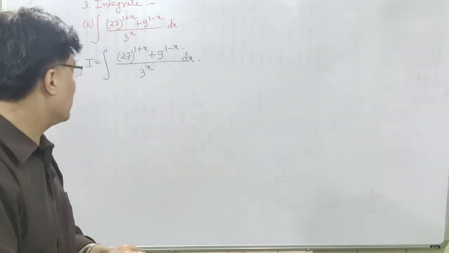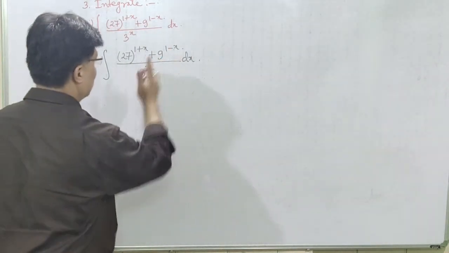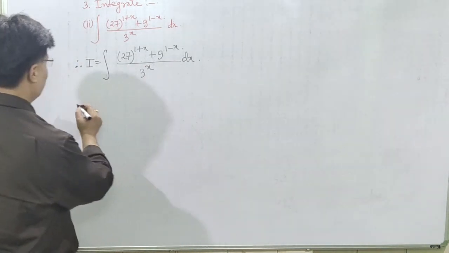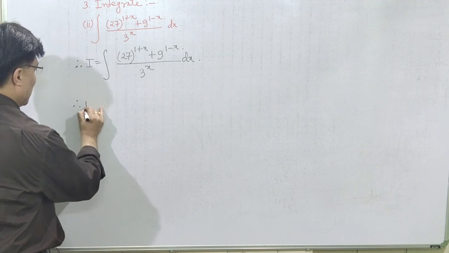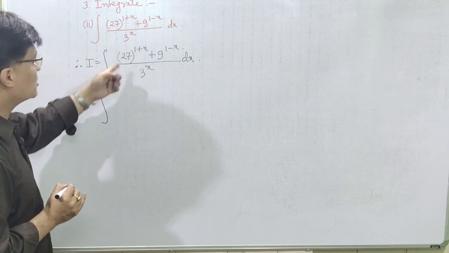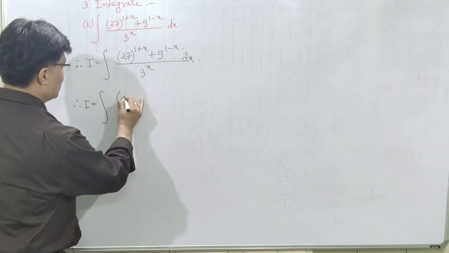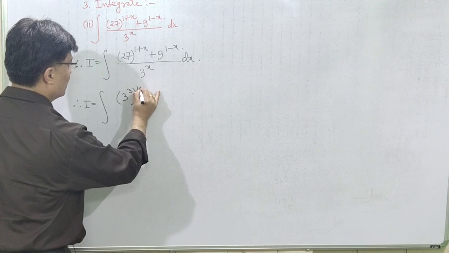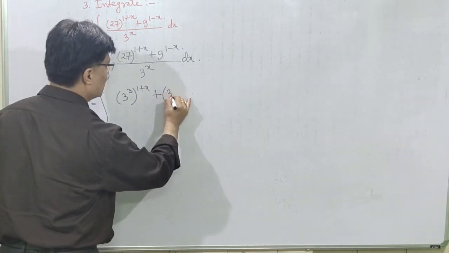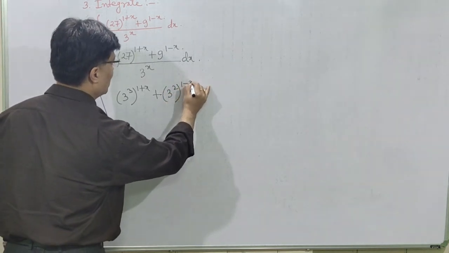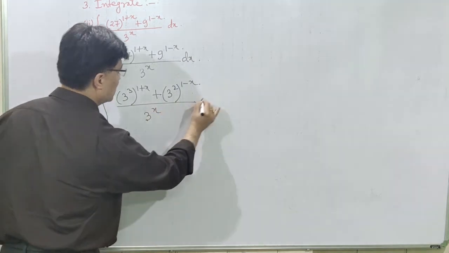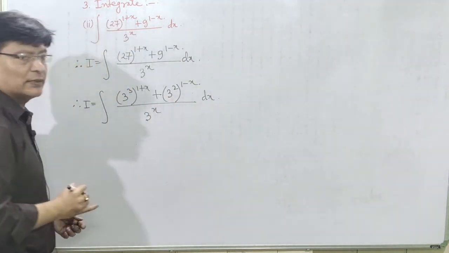So let us simplify it first. So therefore I is equal to integration of. So how do you write down this 27? 27 can be written as 3 cube whole to the power 1 plus x plus, how will you write down this 9? This is 3 square whole to the power 1 minus x, this whole divided by 3 to the power x, then you can write dx.